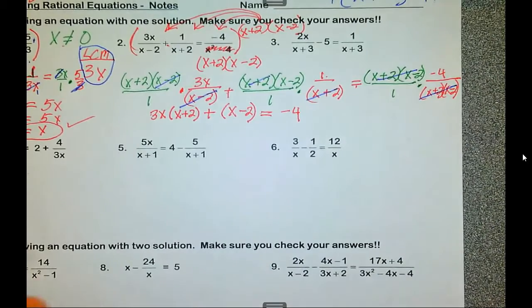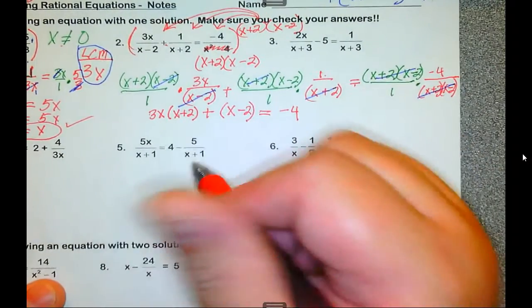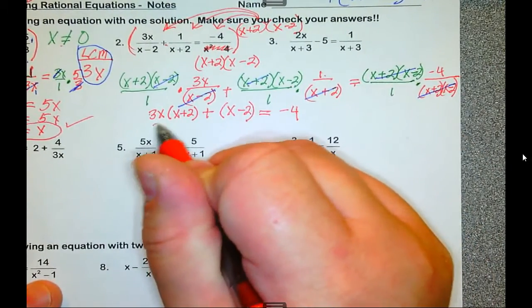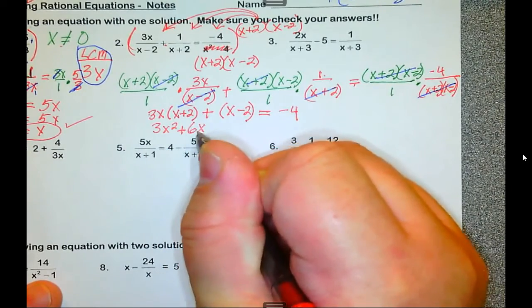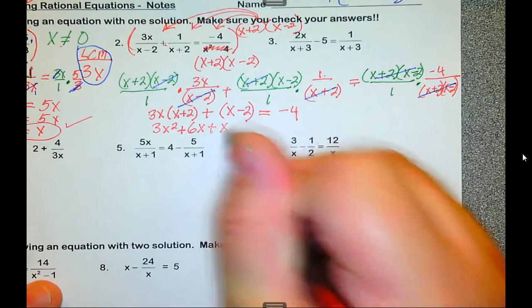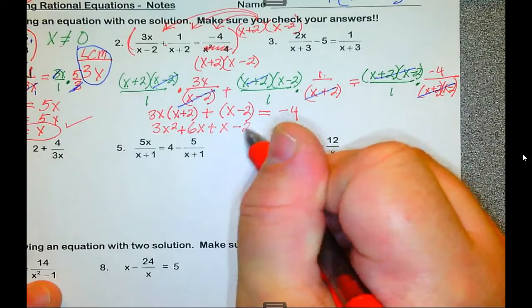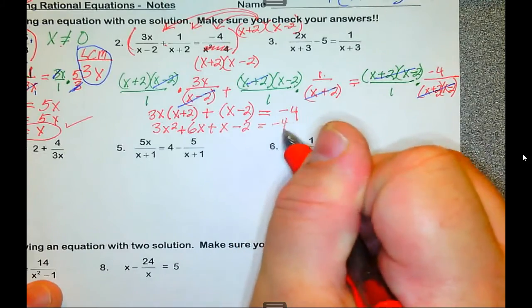And just solve for x. 3x squared plus 6x plus x minus 2 equals negative 4.